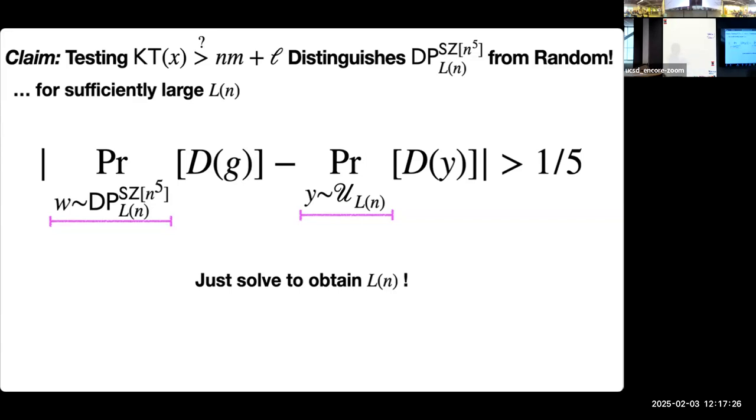So, for some context, with Russell, Lanty, and Valentine, 2016, we were able to show that learning with membership queries.